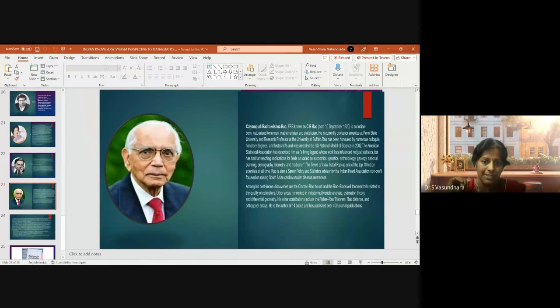Whether the data is collected primarily or secondarily, we need to analyze it, because in every minute a huge amount of data is being produced.